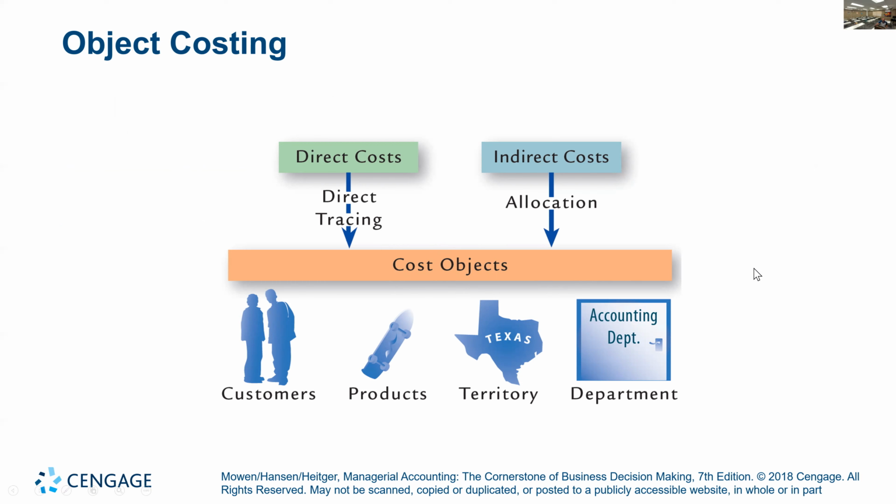So if we're talking about the production world, say we are making a desk, this little podium right in front of me that I'm sitting on. A direct cost we can tell would be the cost of the wood. If we were manufacturing it, that would be a direct cost.